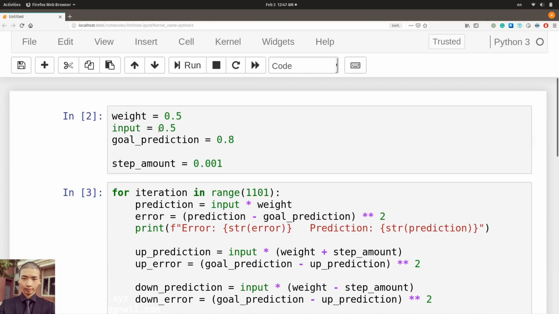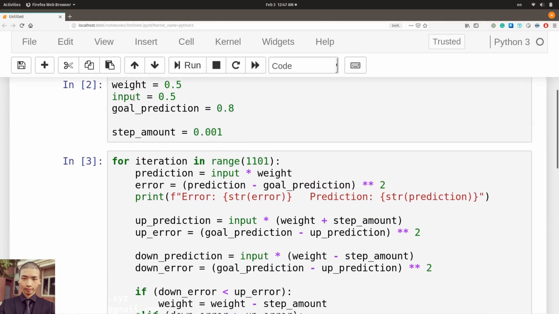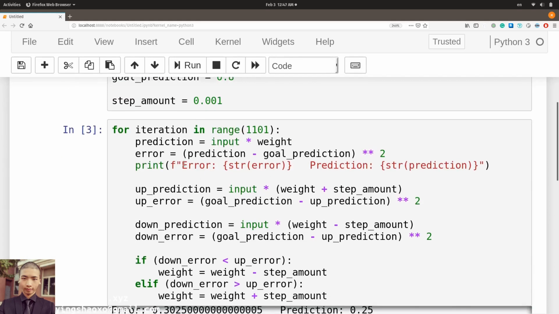Let's check it out. First, we define the weight, the input, and the goal prediction. The step amount equals that, and we do some range. We say the prediction equals the input times the weight. The error equals prediction minus the goal prediction, squared.